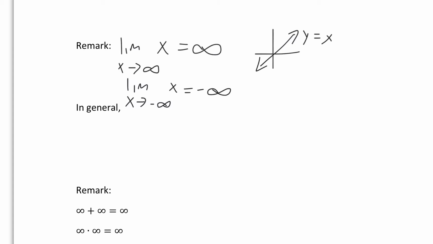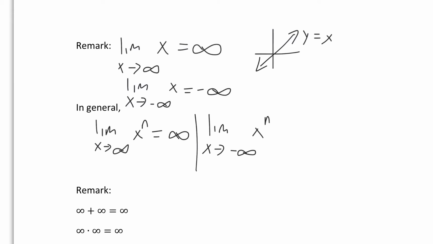So those limits should make sense. And if you had, let's say, a power of x, if you had the limit as x approaches infinity of x to the power of n, well, if this was x squared or x cubed, you can imagine those graphs. They're all just going to keep going on and on to infinity. So this would also give us infinity. But the tricky one is if you had x approaching negative infinity of x to the n.